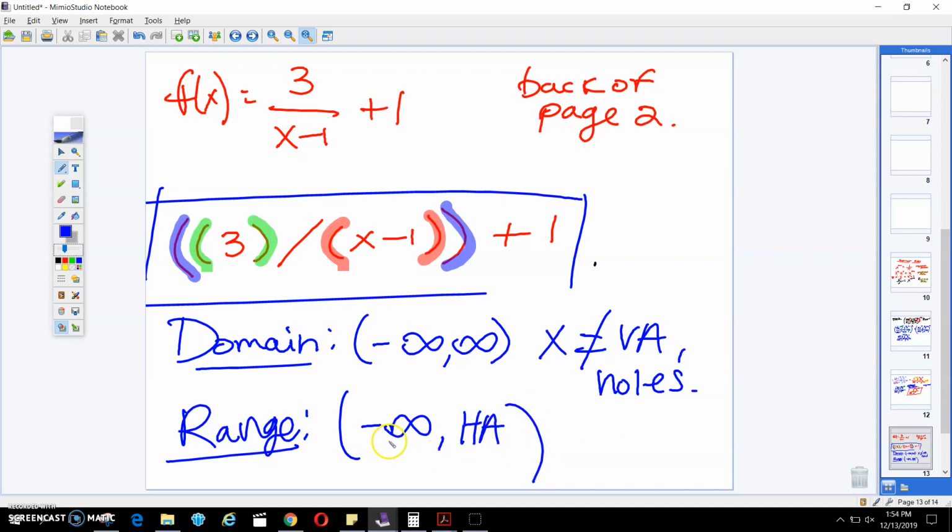So this is going to be from negative infinity to your horizontal asymptote, and from your horizontal asymptote to positive infinity. That's another way to write your range. There's going to be a cutoff at your horizontal asymptote. There's not going to be a number right there. Okay? Questions on those?